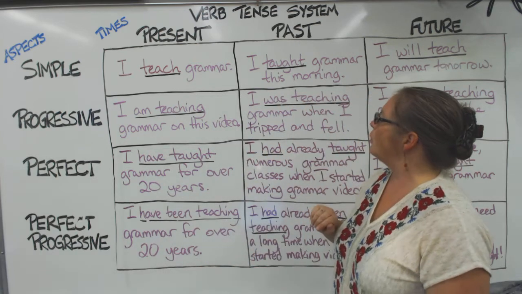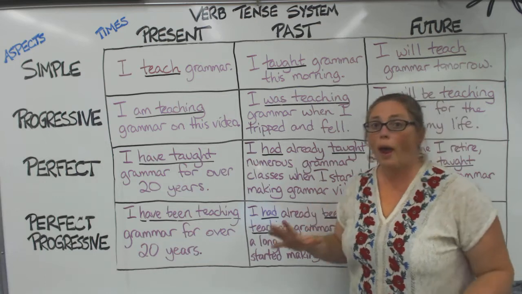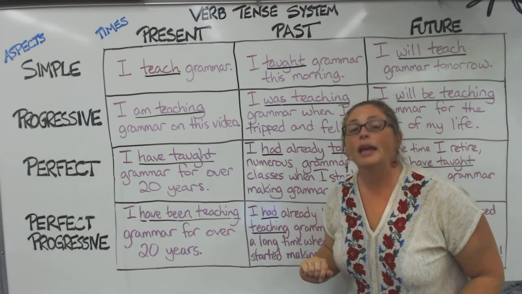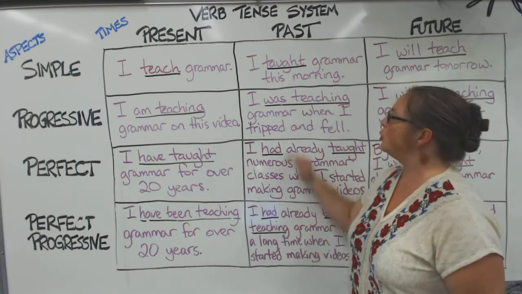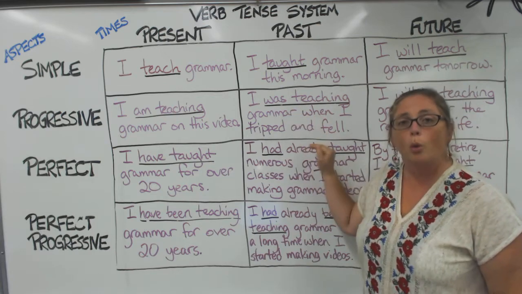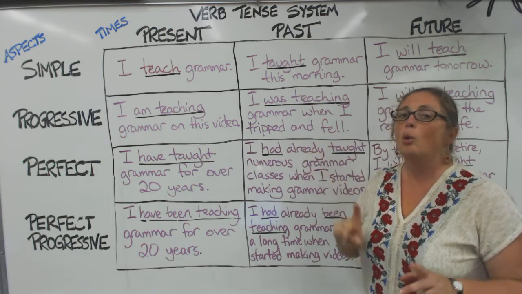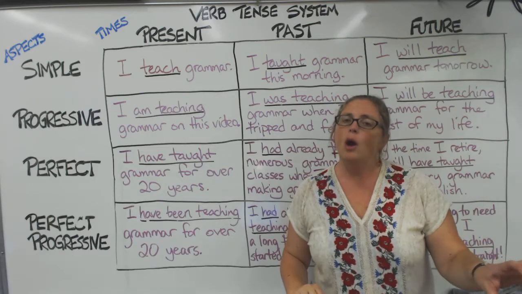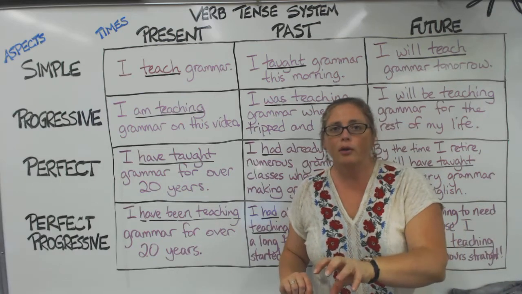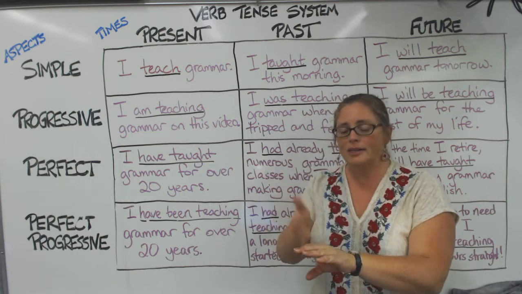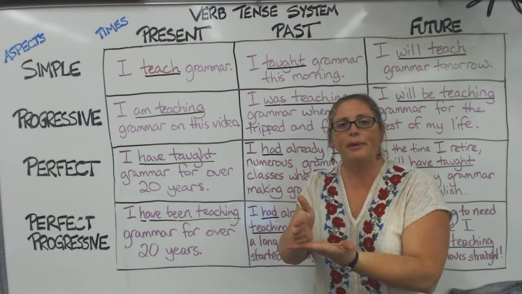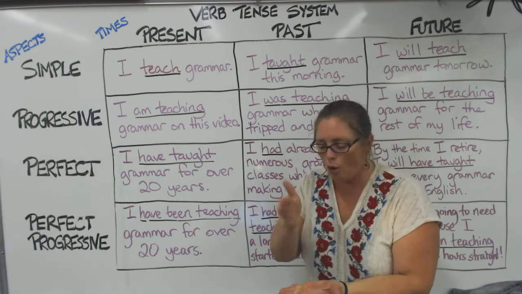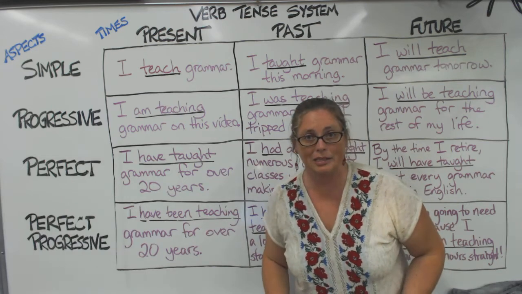In the past, I was teaching grammar when I tripped and fell. It's very common to use the past progressive with the simple past when you want to explain that one action was in progress when something else happened at the same time or interrupted it.